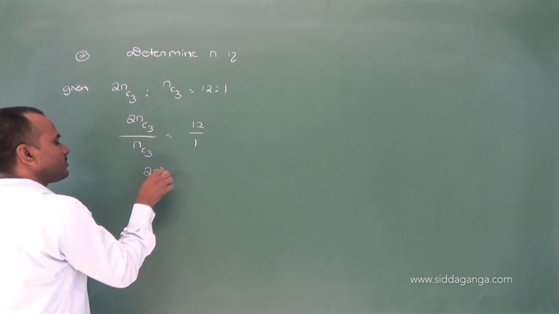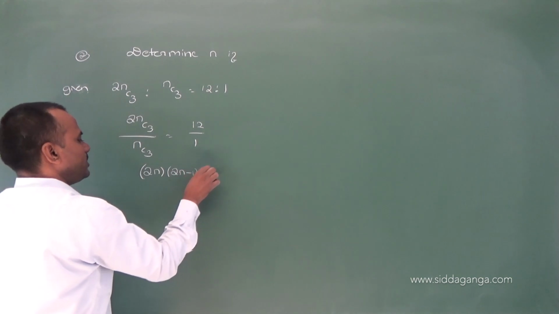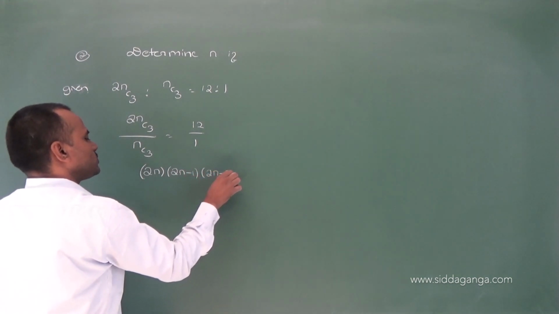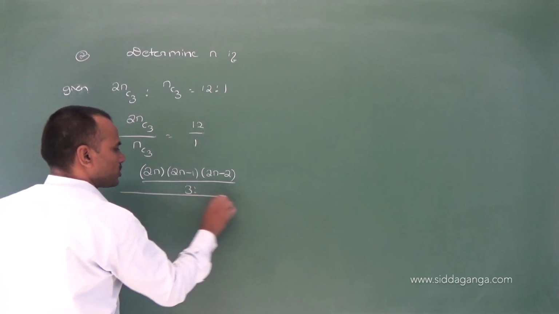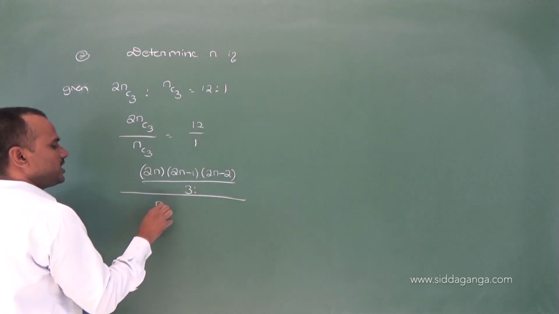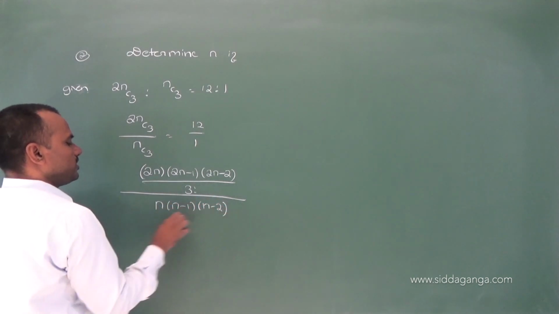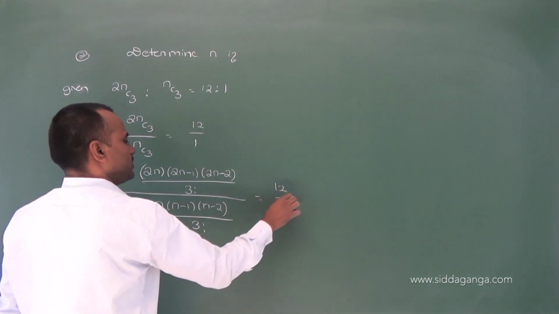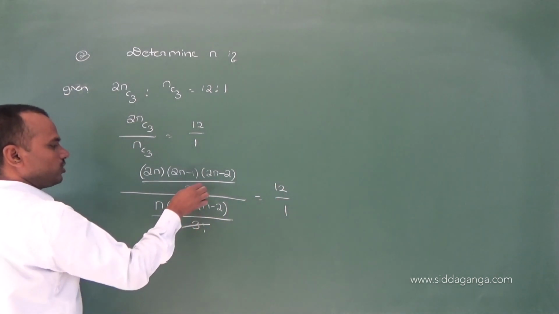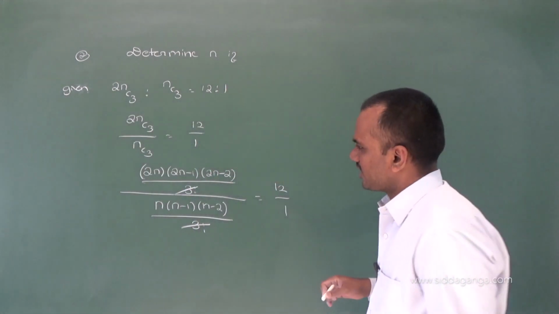2N into 2N minus 1 into 2N minus 2 divided by 3 factorial. Because note, NC3 we can write as N into N minus 1 into N minus 2 divided by 3 factorial. 12 divided by 1. 3 factorial gets cancelled.